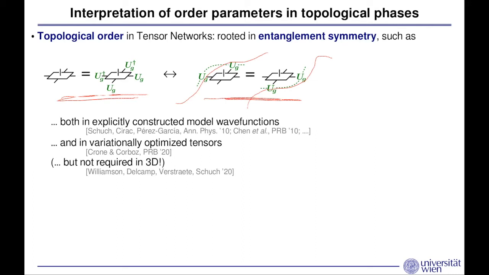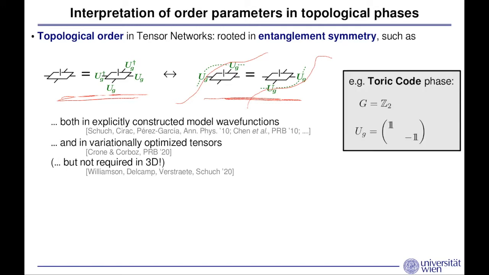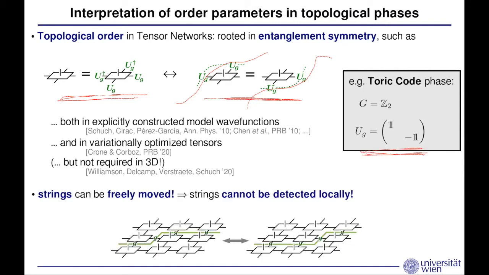And this is both found in explicitly constructed models, but also in variationally optimized tensors, one can recover this symmetry. Just to quickly advertise, we recently indeed could show something we suspected for a while, that in 3 dimensions, it's not necessary to have this symmetry to have topological order. So in the Toric Code phase, the symmetry would be, for instance, Z2, and this unitary would just be a matrix, which is sigma Z times the identity, right? So there's a +1 and -1 block.